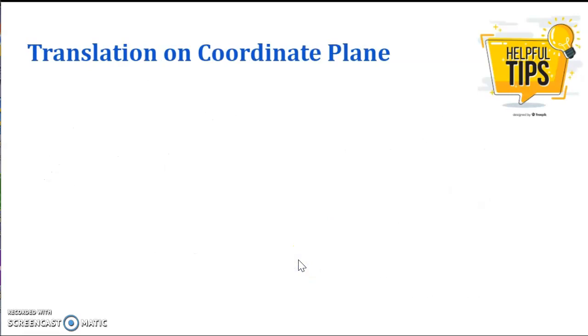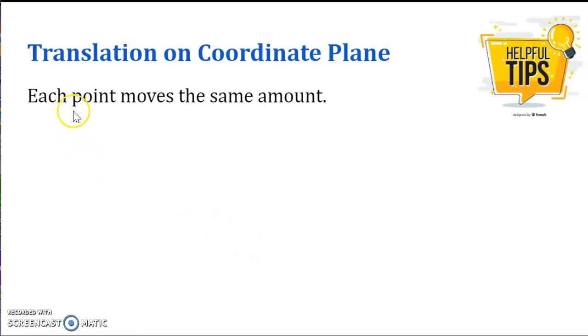Now we're going to be focusing on translation, and in particular, we're going to do it on the coordinate plane because that makes our lives a whole lot easier. When you're doing this, some helpful tips: each point moves the same amount. Each of the vertices, or any point, moves the same amount.